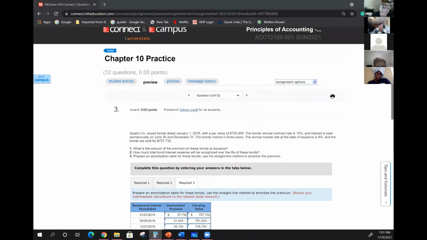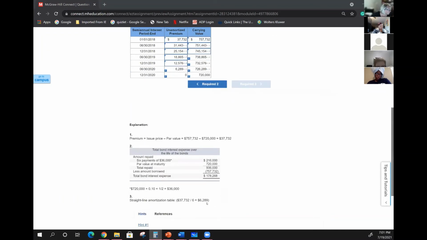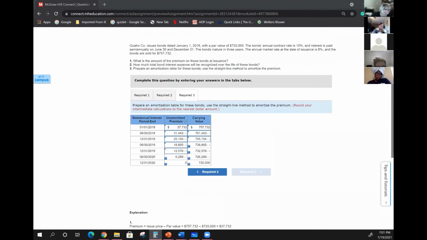So I'm taking the 37,732 and dividing it by 6 payments. They probably rounded it up; they did 6,289. That's the amount that I'm reducing each time. So each time I make a payment, I'm going to reduce the amount by that 6,289, and just keep doing that all the way down.